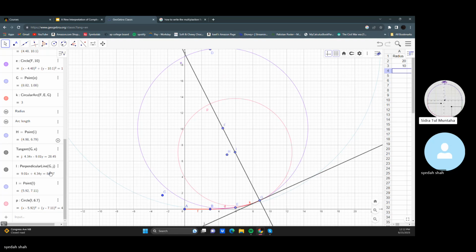Okay, so now what do you think is the next step, as we are repeating the previous steps again and again? Making an arc. Yes.